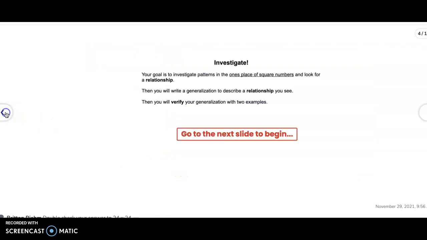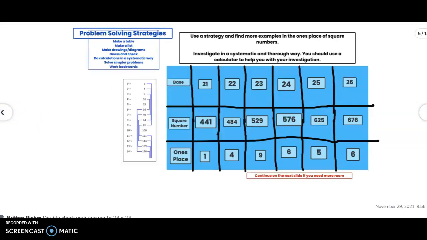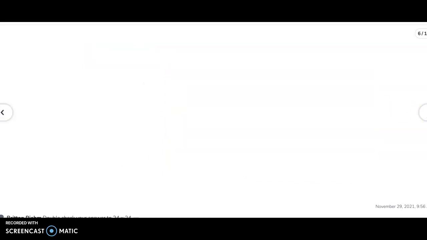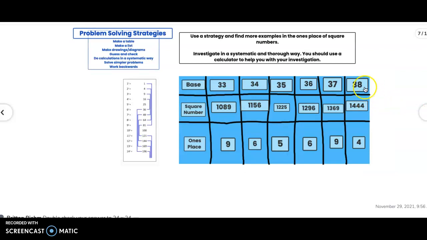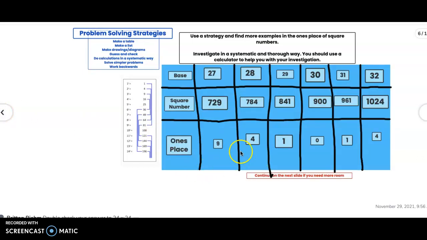And you can see that in this example, this student started from 21 and went all the way up through to 30. So they've done a whole cycle of 10, and then they have gone beyond that. And they are able to really see a nice pattern in the ones place if they look at what happens in this ones place row of the table: 9, 4, 1, 0, 1, 4.